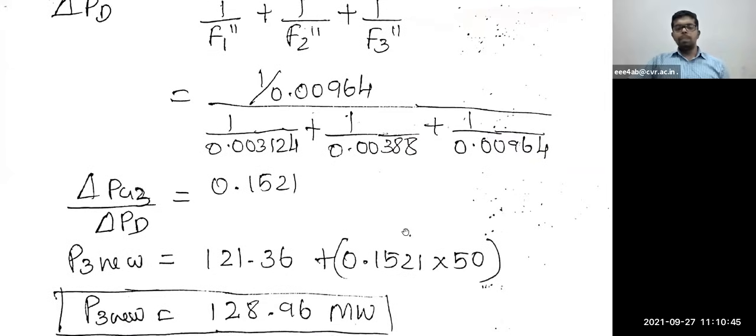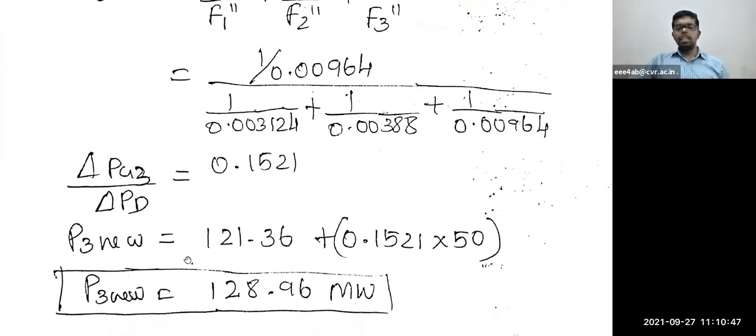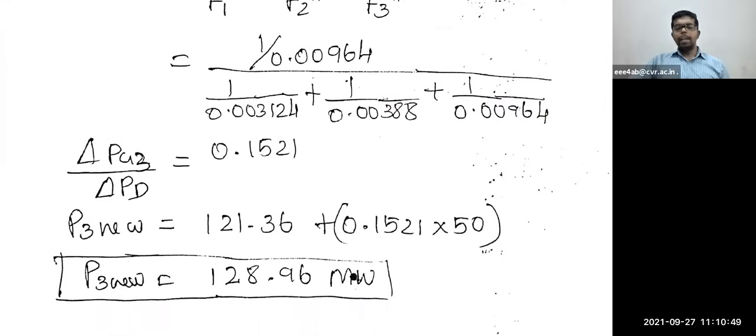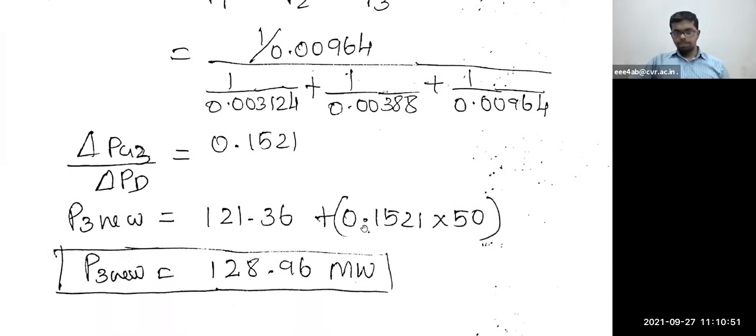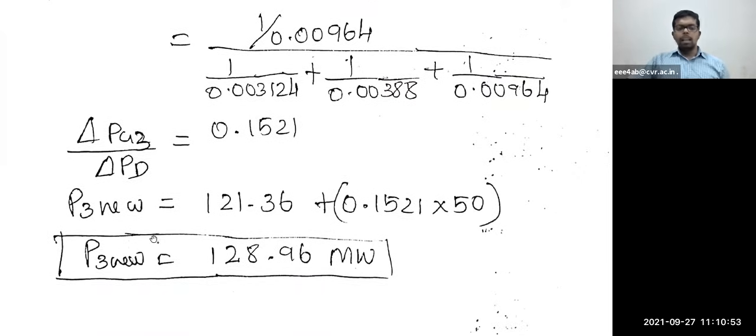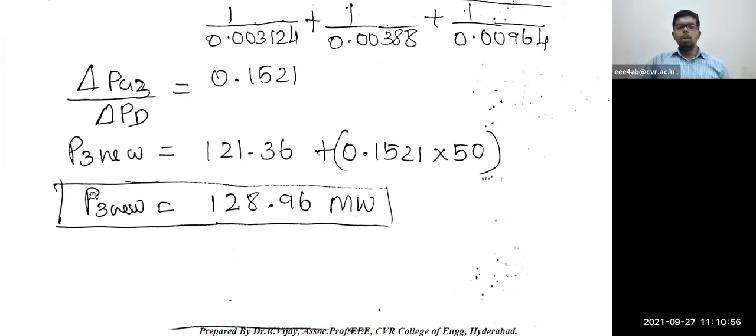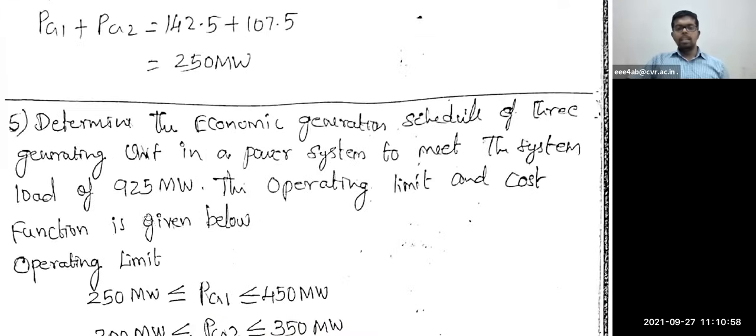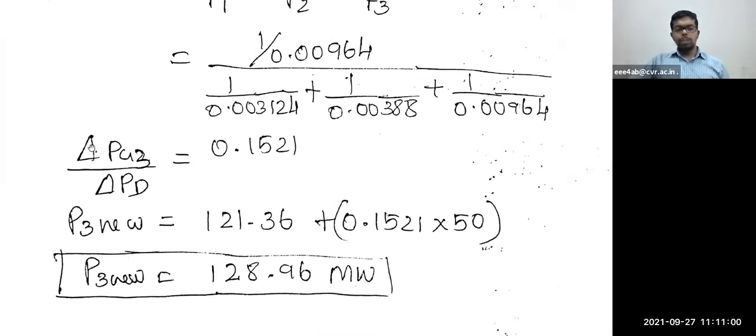If you substitute and simplify, you'll get 128.96 megawatt. Okay, this is the new power generation value.